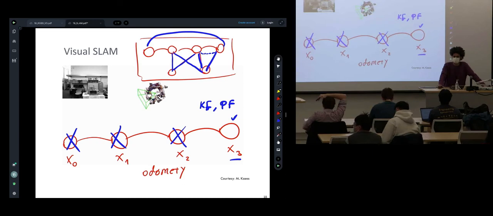I was just thinking, my question was, if you come back around after an entire loop, the drift would be so much that if you search nearby nodes, there might be none. Okay, that's a good question too.